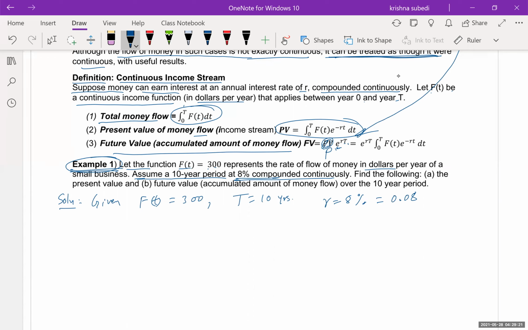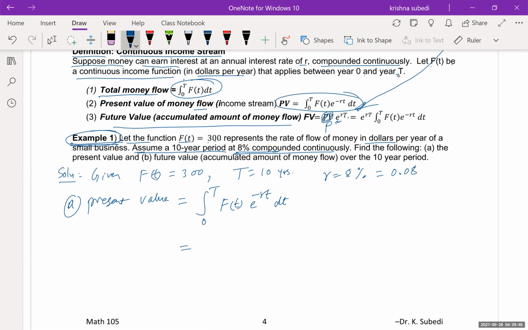Now find the following, the present value. Okay, let us find the present value. So the present value is given by the formula, the integral from 0 to t of f of t e to the minus rt dt.